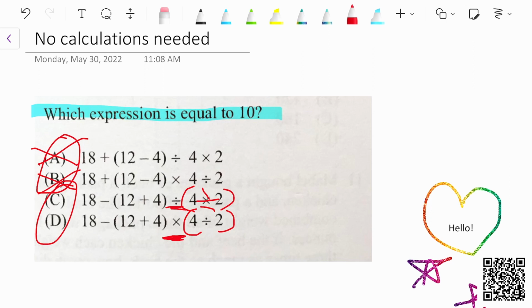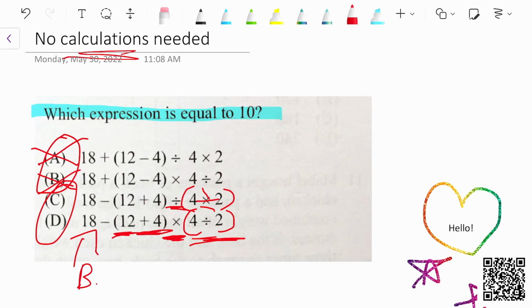So let's look at D first. Since we have here a 12 plus 4 times 4 divided by 2, let's not even add 4 here because we're not supposed to calculate. No calculations needed. But let's just do 12 times 2 first. 12 times 2 is already bigger than 18.